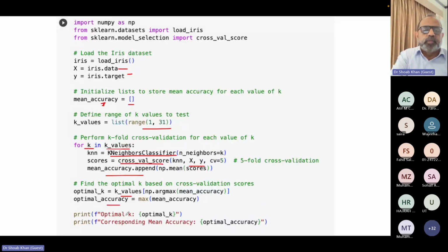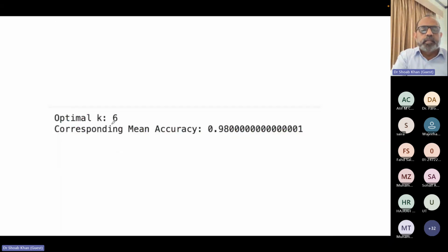It prints which value of k best suits the data. Here it says the optimal value of k is 6, and the corresponding mean accuracy is 0.98000.